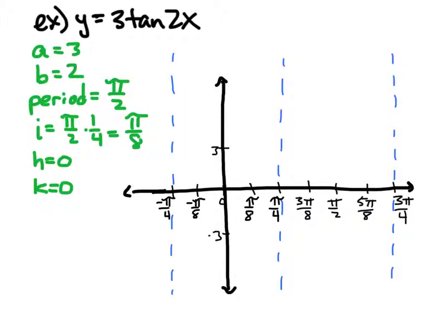One of my critical points is at negative pi over 8, negative 3. Then my h is the middle of the tangent, and then pi over 8, 3 is another critical point. And then it just repeats itself in the next section.